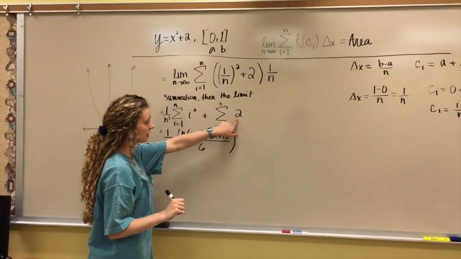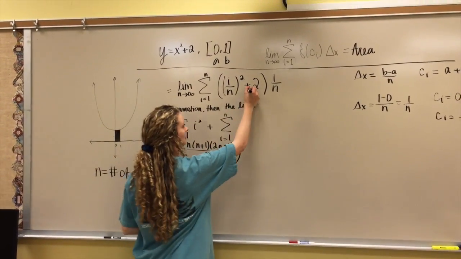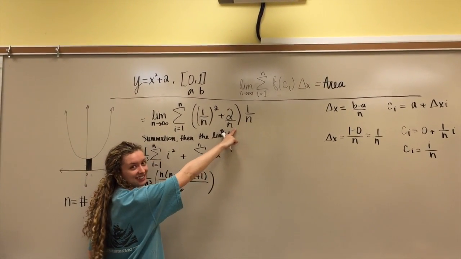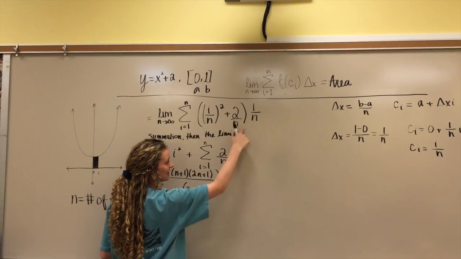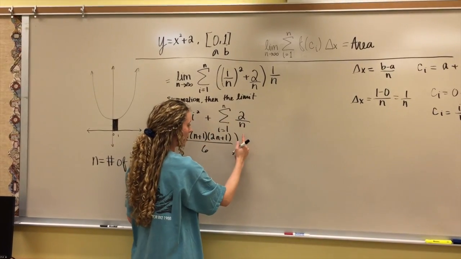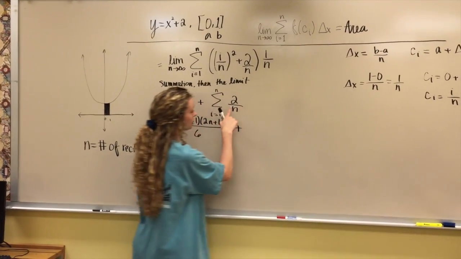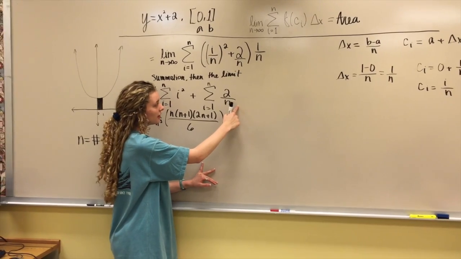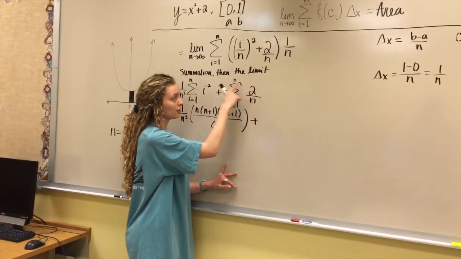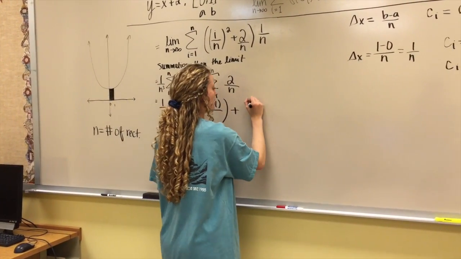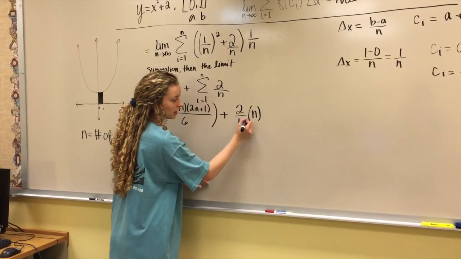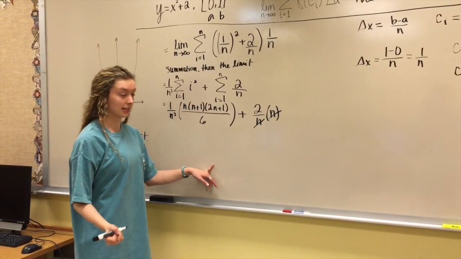And then we have the summation of, oh, I messed up. This n is going to multiply over the 2 and transfer down here. So we multiply the 2 also by 1 over n. And so we're going to have the summation of 2 over n. The summation of a constant is just a constant, which is 2 over n, also multiplied by n. So the n underneath is going to cancel with the 1 on the side right here. They're just going to cancel out when we simplify in the next step.